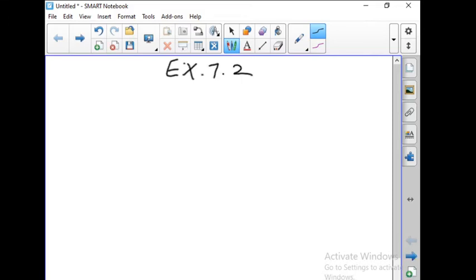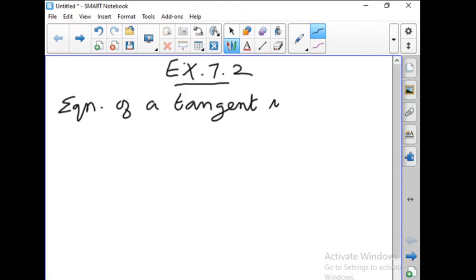Exercise 7.2. So, what is the equation of a tangent? We'll recall it. Do you remember? y minus y1 is equal to m into x minus x1.